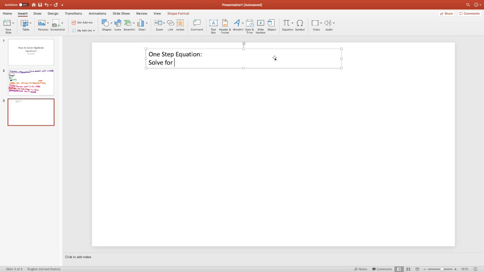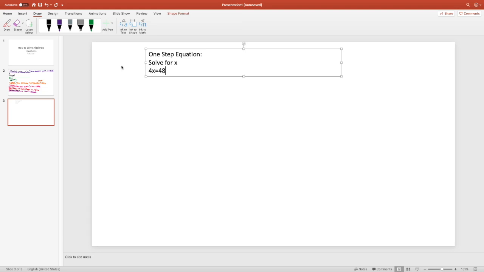Solve for x in the equation. Let's say 4x equals 48. So there we have our equation right there.